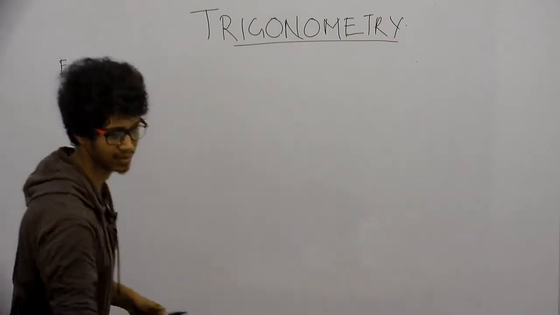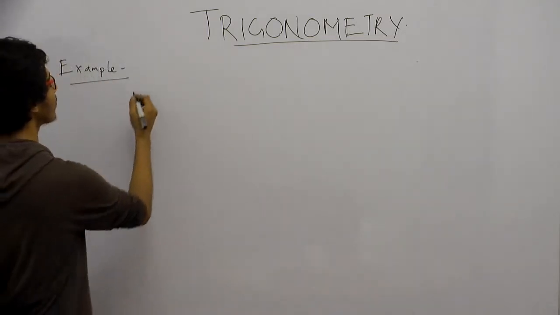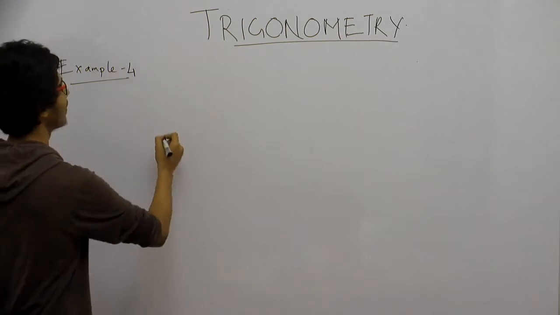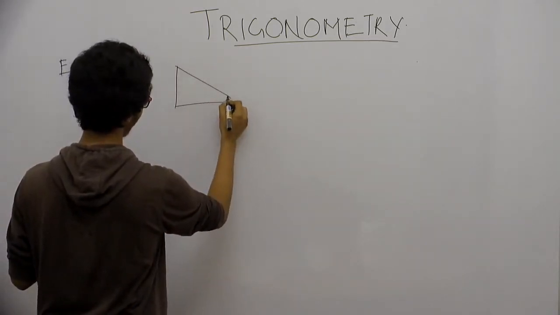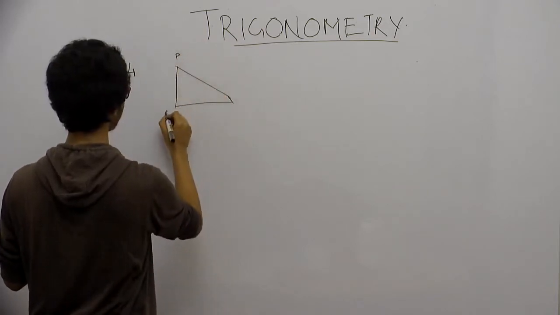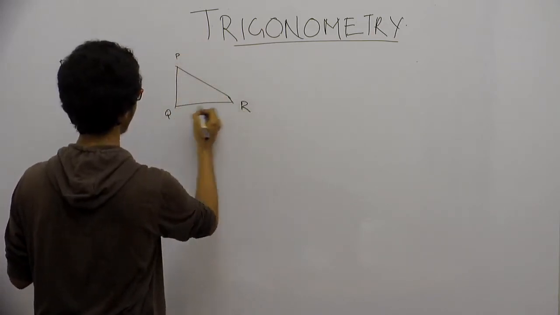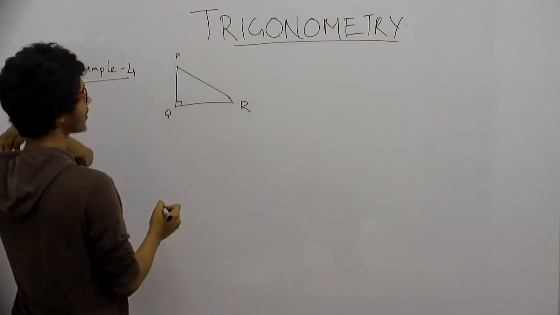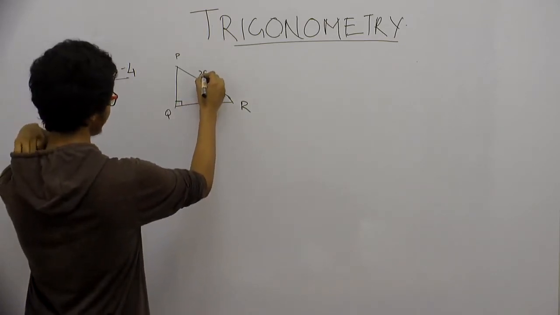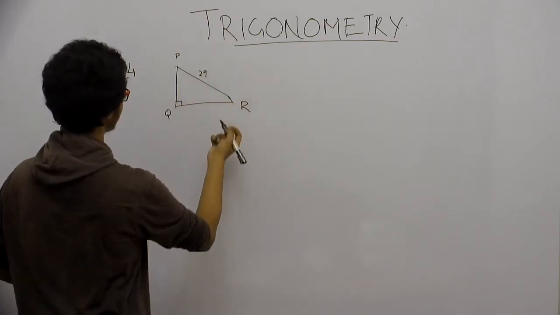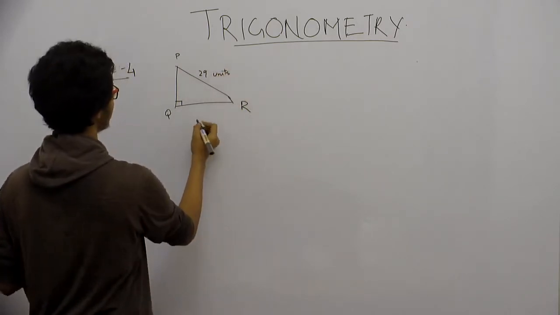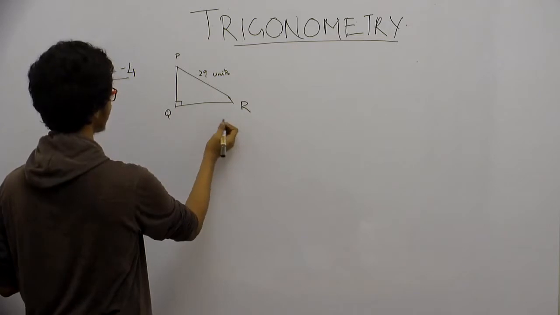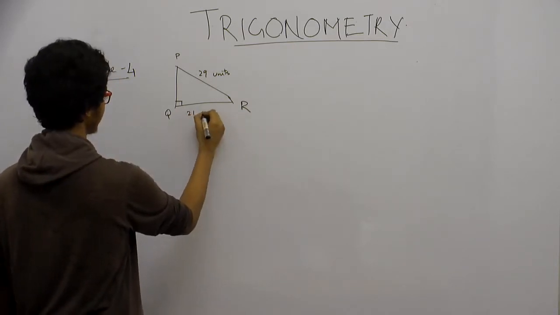Let's do another example. Suppose a right angle triangle, say it's PQR with right angle at Q. We are given the length of the hypotenuse as 29 units, and the length of the base, in this case QR, is 21 units.